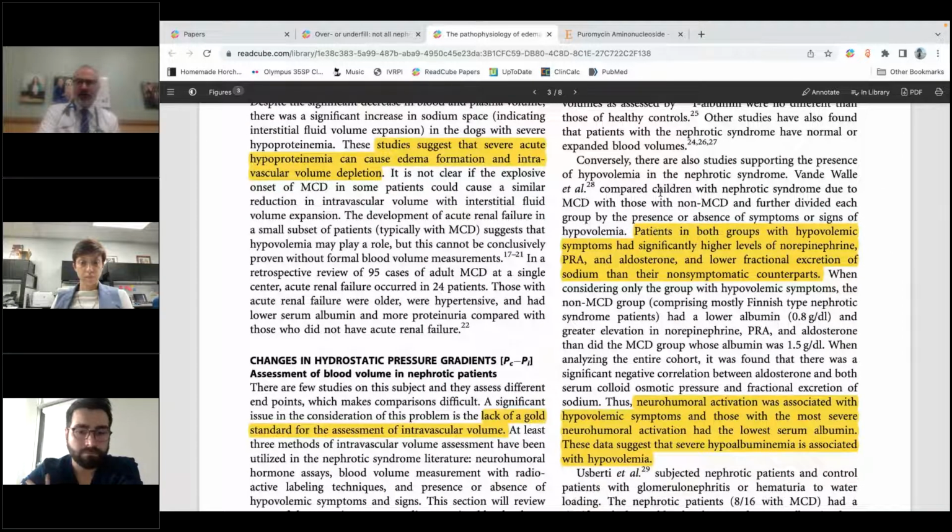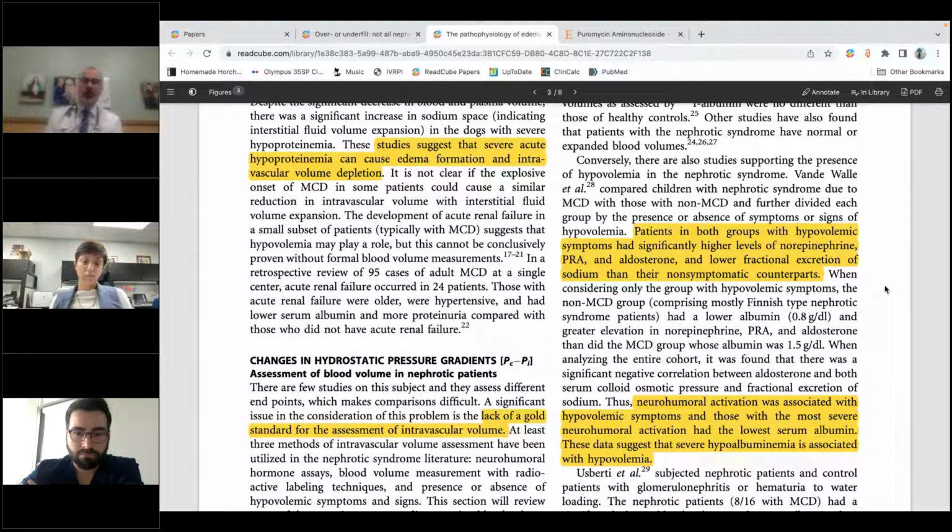Further studies looked again at people and whether they had signs of hypovolemia or not. Patients in both groups, with hypovolemia symptoms, had higher levels of hormones, norepi, renin activity, and aldo. Fractional excretion of sodium was lower than in patients who were not having any symptoms, despite having similar magnitudes of proteinuria.